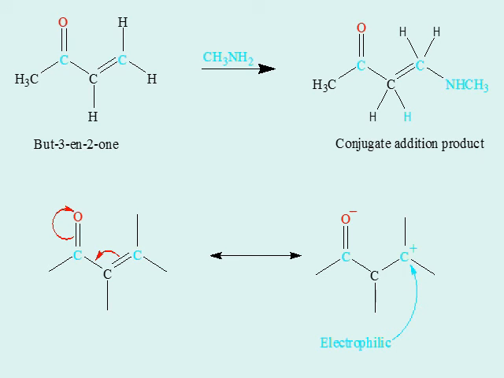Again, this is another example shown. This is CH3NH2. I think it's hard to read this. CH3NH2. Again, here you have a nitrogen with a pair of electrons. If you look at the location where nitrogen gets bonded, keep this in mind.